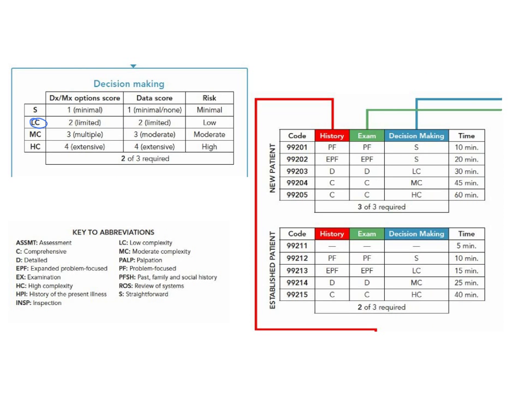So here's that complicated piece. We've already talked about the history pieces, and if you're seeing mostly 99213s, your expanded problem focus, and then here you see your established patient, whether you're doing a detailed exam, and I've given you examples of some of those things. We're moving into the decision making.